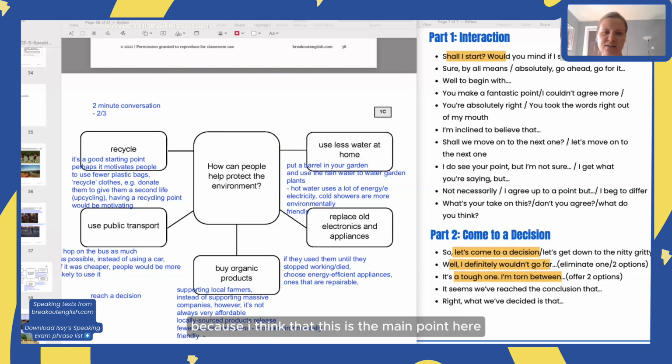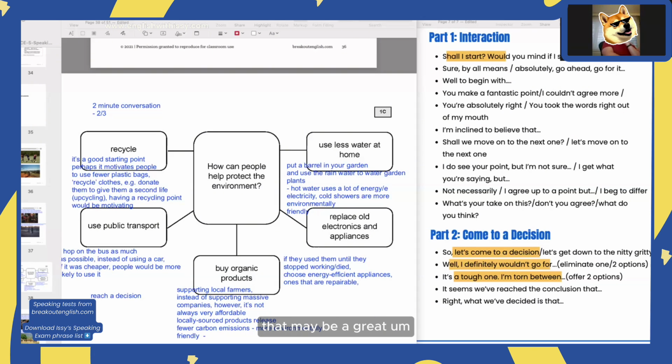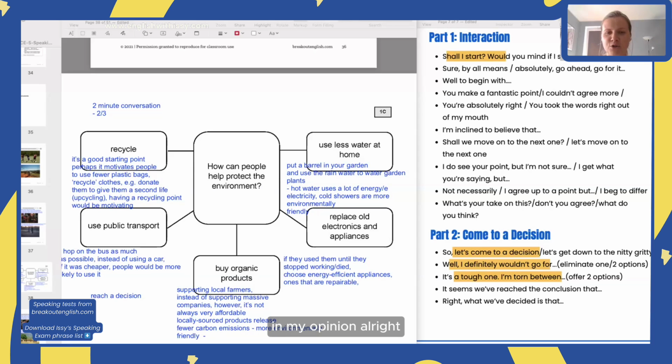Because I think that this is the main point here when we speak about recycling products. Yeah, I agree with that. That may be a great way of saving some materials, in my opinion. Right. Thank you.